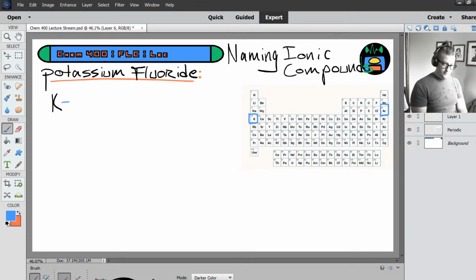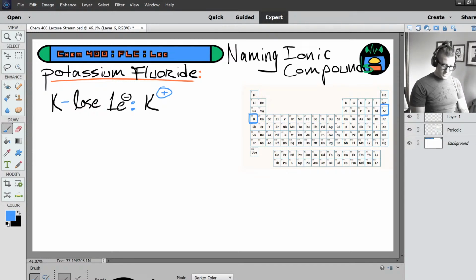So potassium starts with 19 electrons. It needs to lose 1 electron. So as an ion, potassium is going to pick up a charge of +1 because it's lost 1 negative charge.